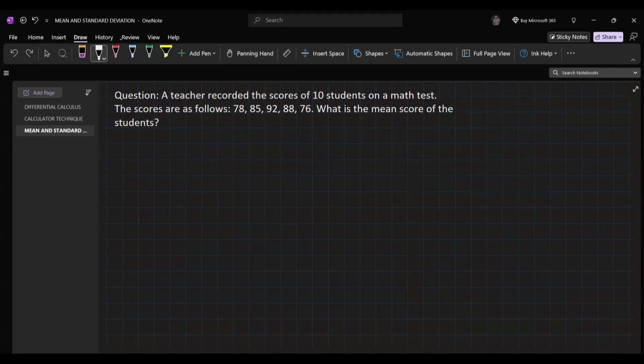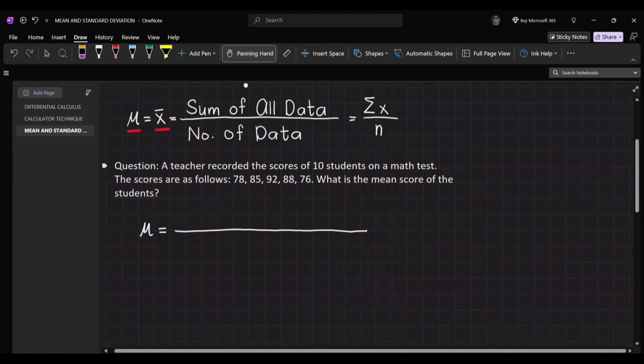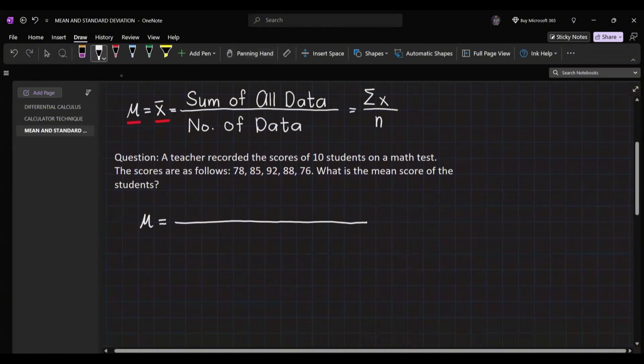So, mean natin. So, mu equals to, ano yung sabi natin sa numerator? Sum of all data. So, ibig sabihin, this is 78 plus 85 plus 92 plus 88 plus 76. And then, number of data.